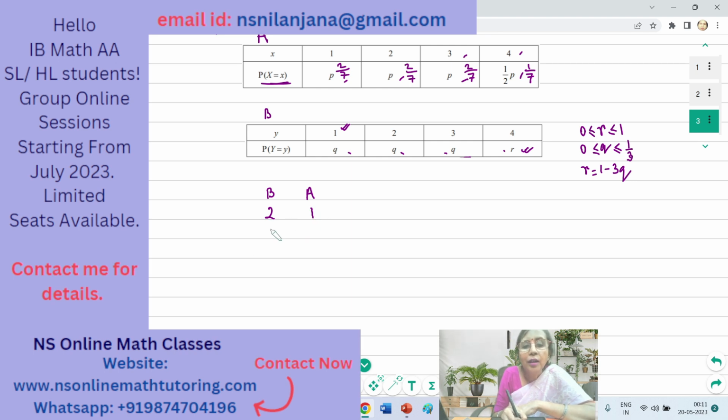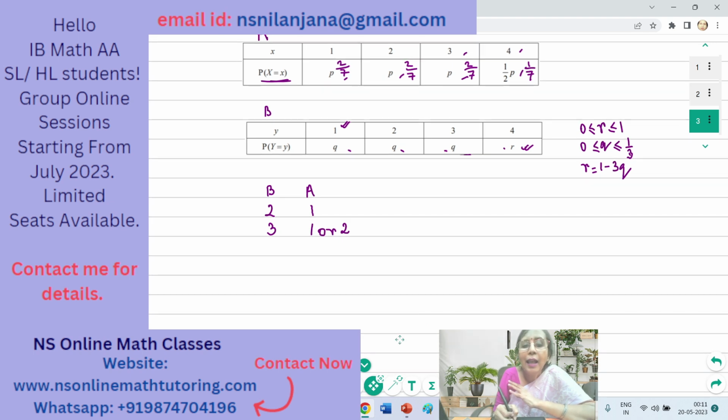No other option. When Barbara scores 3, Agnes can score a 1 or a 2, because Agnes has to score less. And if Barbara scores 4, then Agnes can score 1 or 2 or 3. Clear?